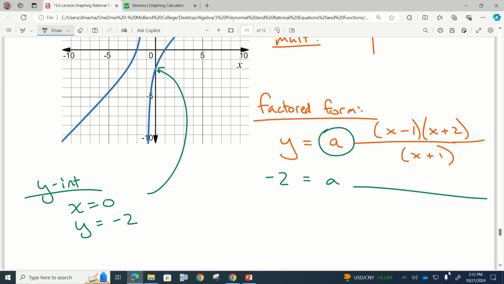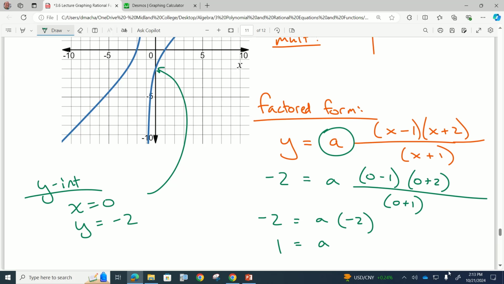And if I replace x with 0, this is the equation that I get. And that tells me that a is equal to 1, right? Divide both sides of the equation by -2, and -2 divided by -2 is 1.